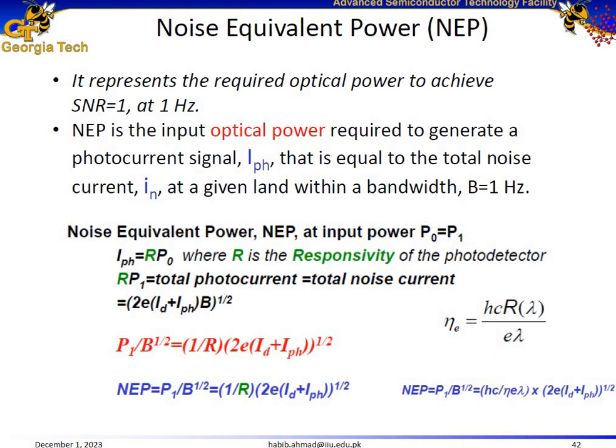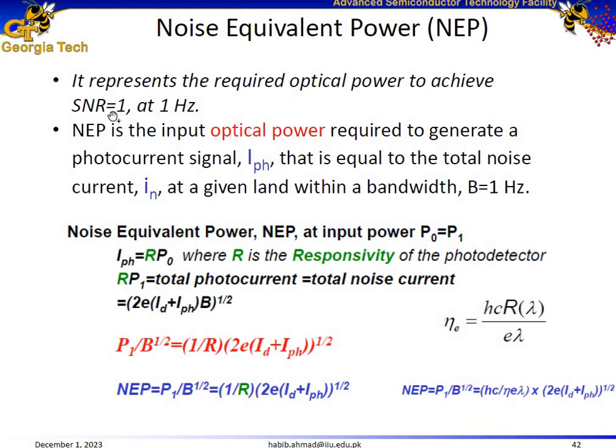Noise equivalent power is the input optical power that generates a photocurrent equal to the total noise current, or it represents the required optical power to achieve an SNR of 1 at 1 Hz. What does it mean to achieve an SNR of 1? It means that the signal power is equal to the noise power.